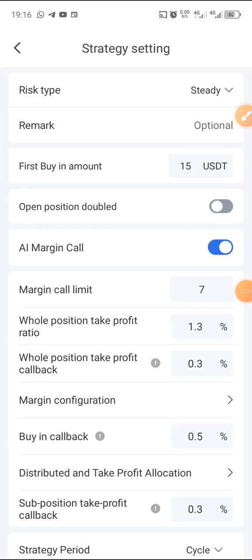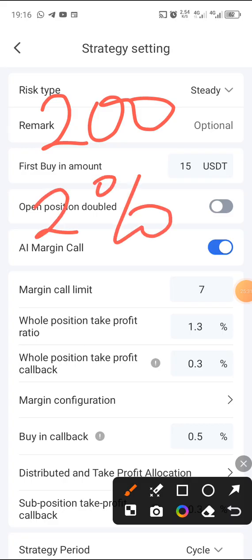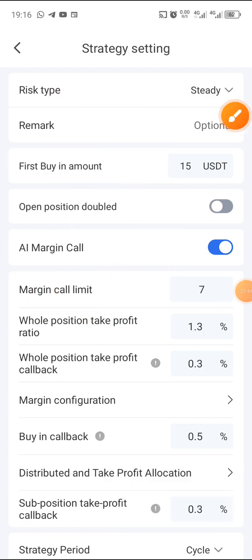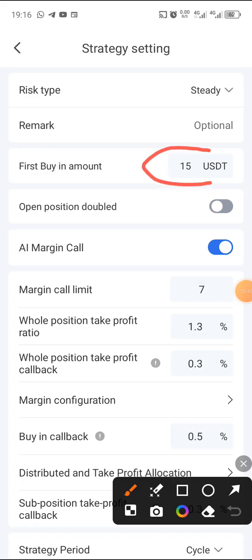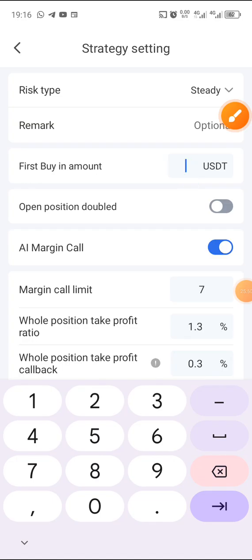Remember, we had 200 as our capital, and 20% of this is $40, and the 40 becomes our first buy-in amount. So you come here and put 40.